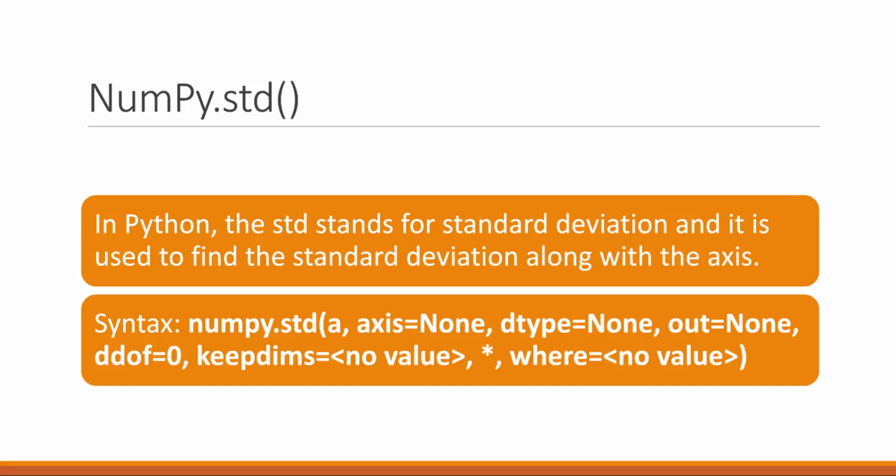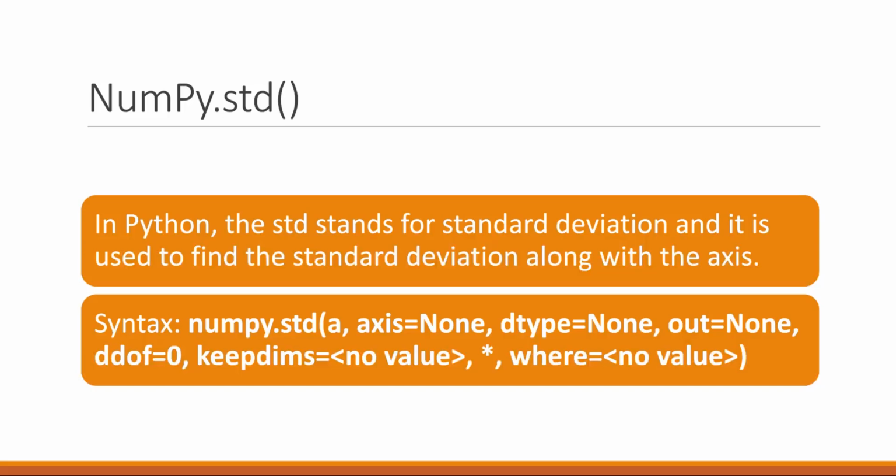If the axis parameter is 0, then it will return the standard deviation value from the row wise elements, and if the axis is equal to 1, then it will calculate the standard deviation column wise. The last parameter is out. This is an optional parameter, and it specifies the output array where the result will be stored.